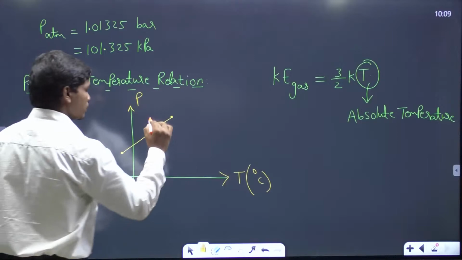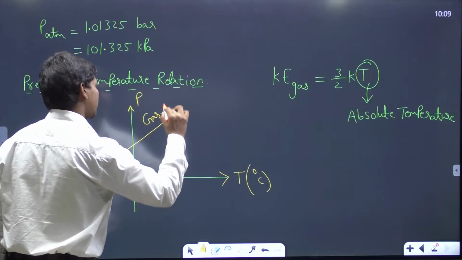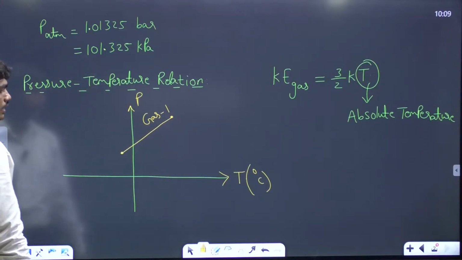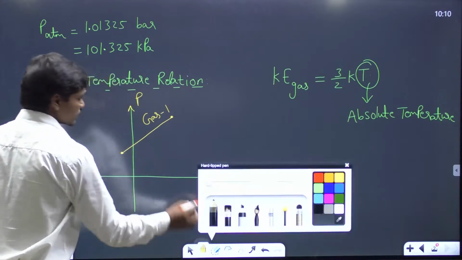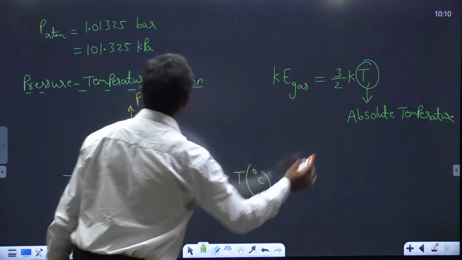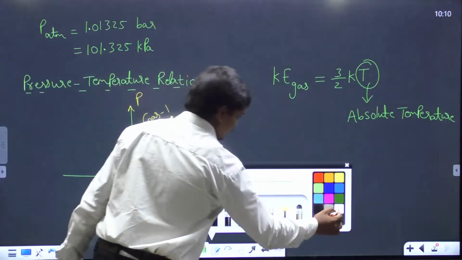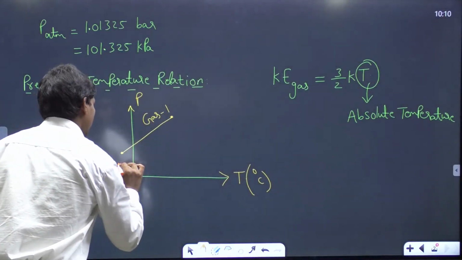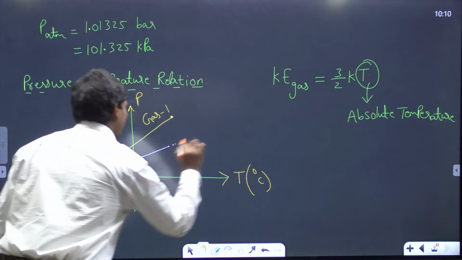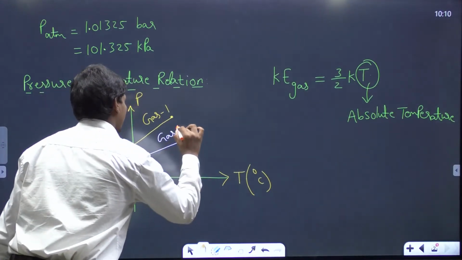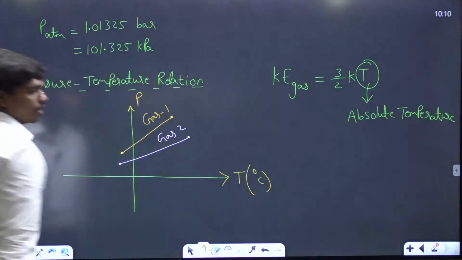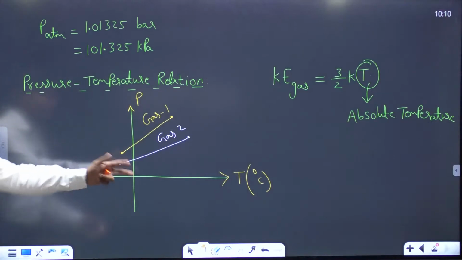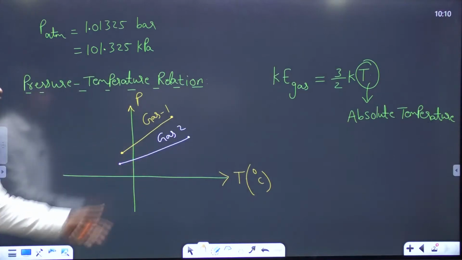This is for gas 1. Then they took another gas and also plotted P versus T, and got something like this, gas 2. Similarly, they conducted this experiment for many gases.